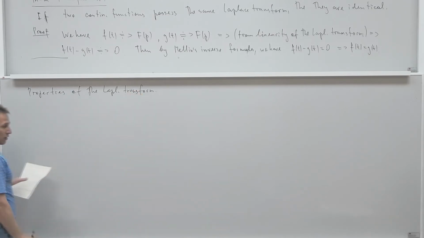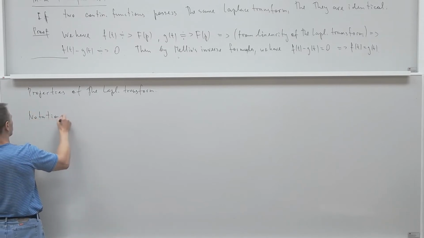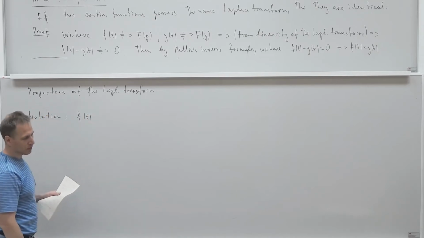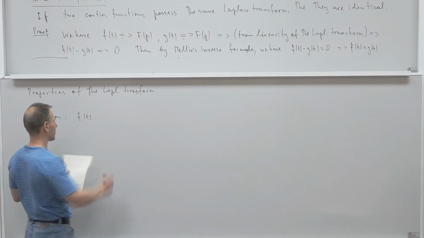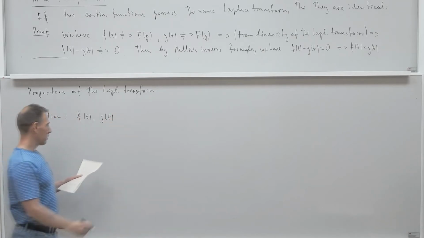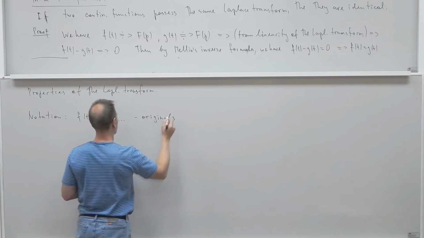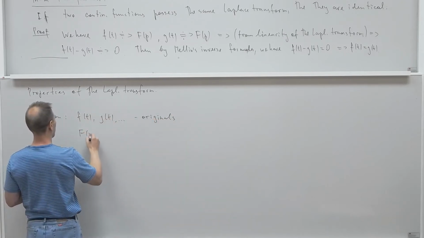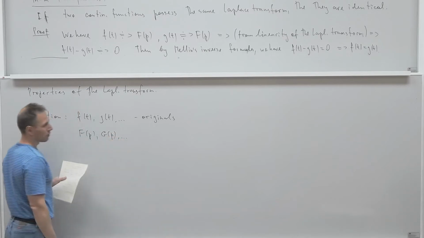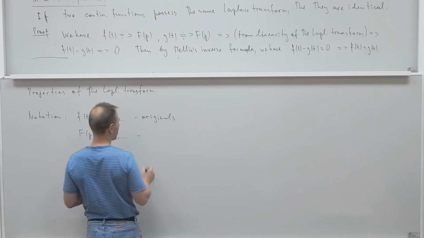First we introduce a notation. The original functions of the Laplace transform will be denoted by small letters, for example, f small of t, g small of t, and so on. And by large letters, we will denote the corresponding Laplace transforms, the Laplace images.